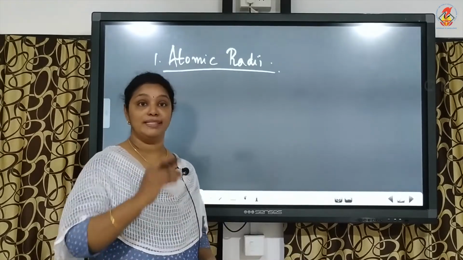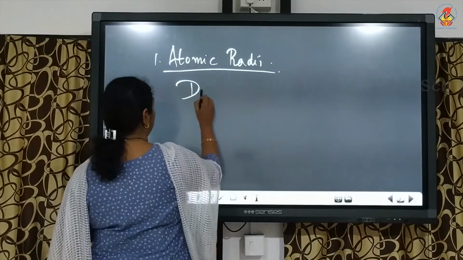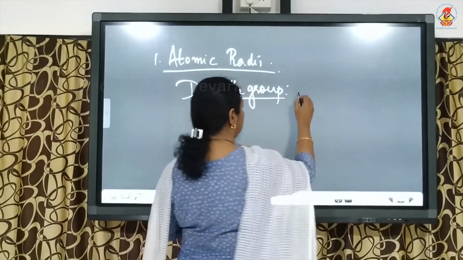How does atomic size or atomic radii vary down the group? You know that down the group the atomic size increases, or atomic radii increases.